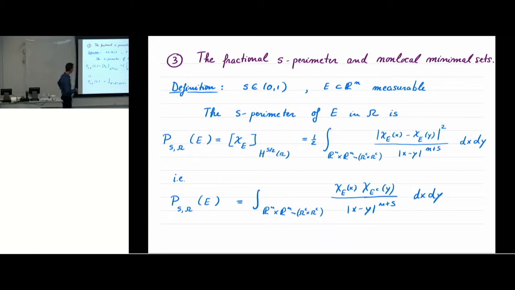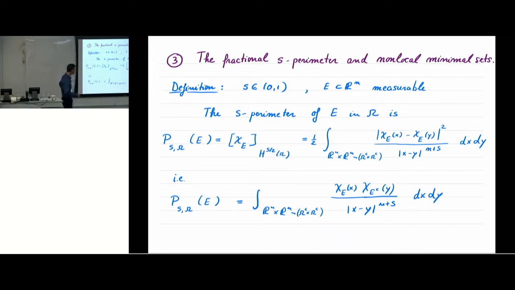We define the perimeter as the H^{s/2} semi-norm of E in omega, which by definition is the integral over all points x in E and all points y in the complement of E, relative to the kernel 1 over |x minus y| to the power n plus s.